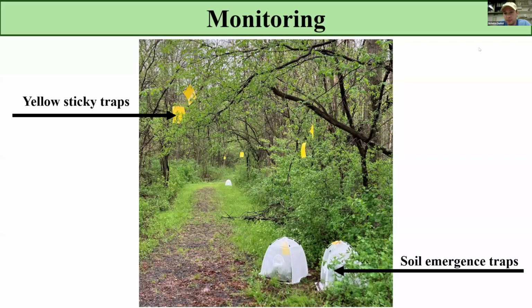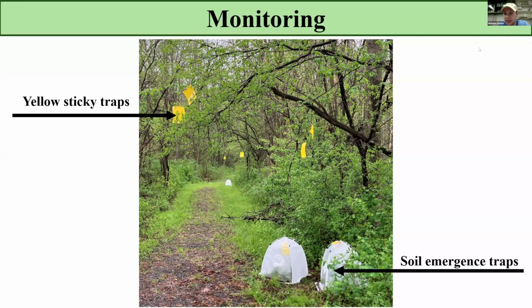As far as monitoring EZS, there have been two main ways to do it: yellow sticky traps and soil emergence traps, which can be paired with yellow sticky traps as well. We have not had success with soil emergence traps, possibly because we haven't seen as large populations as some people or as has been seen in some areas.